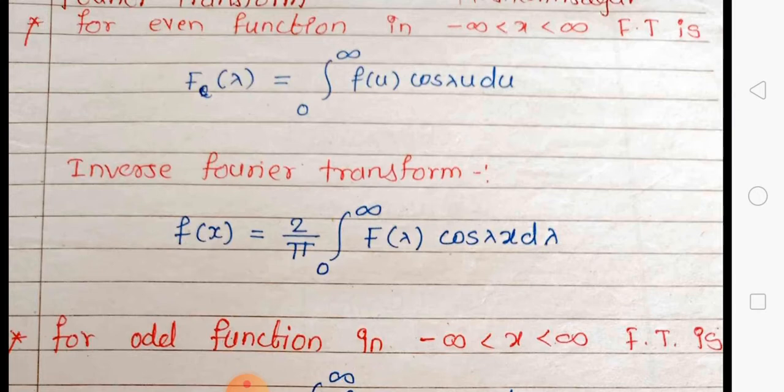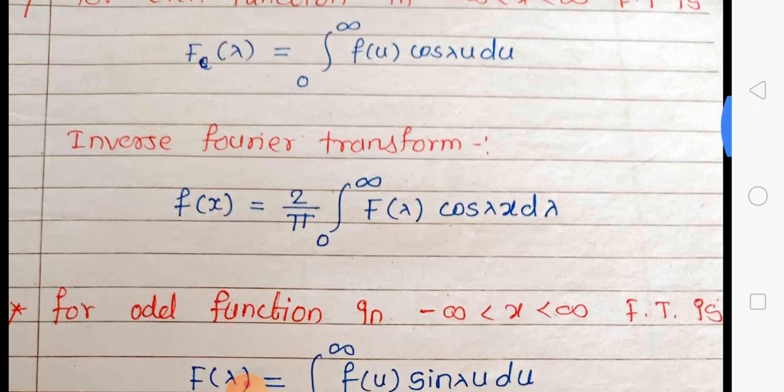Remember this, in Fourier transform we denote this by F of lambda and we find the integration with respect to du. In inverse Fourier transform, we find the value of f of x. For this, we integrate with respect to lambda.